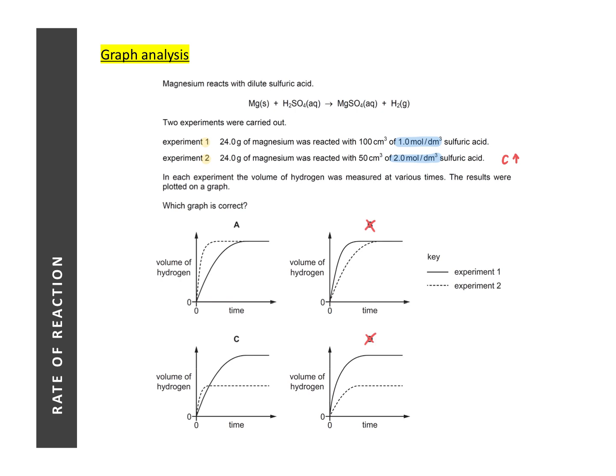The concentration of your acid increases by 2, but the volume of your acid is halved. So the number of moles of your acid, which is given by concentration times volume, would remain the same. For both experiments, the amount of acid and the amount of magnesium used is the same, which means that the volume of gas produced should be the same as well. So the correct answer would be A.